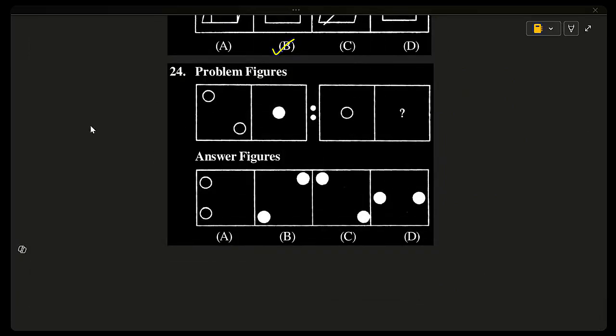Yes, 24th. What is the pattern that they are following? First of all, the change is that the unshaded dots are becoming shaded dots. Now here also unshaded dots are going to become shaded dots. But here what we can do is eliminate option A; only one is getting eliminated.